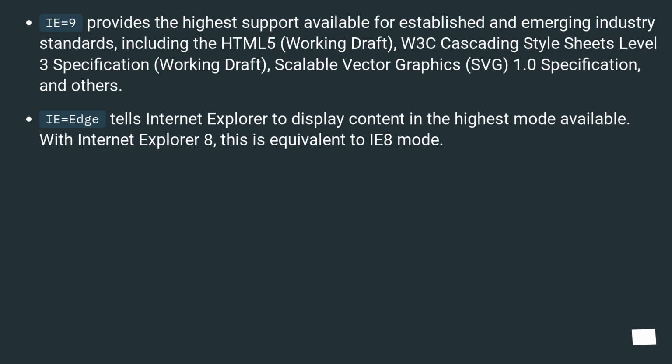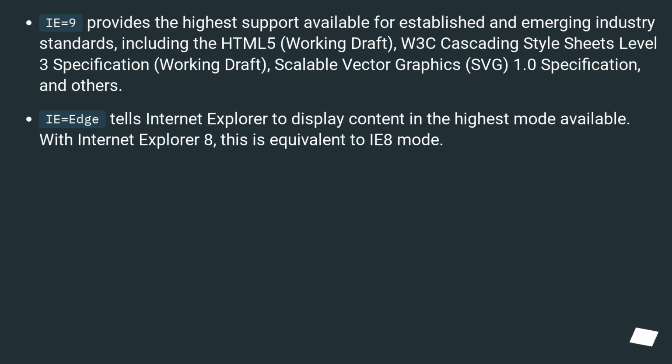IE=9 mode provides the highest support available for established and emerging industry standards, including the HTML5 Working Draft, the W3C Cascading Style Sheets Level 3 specification Working Draft, the Scalable Vector Graphics (SVG) 1.0 specification, and others.